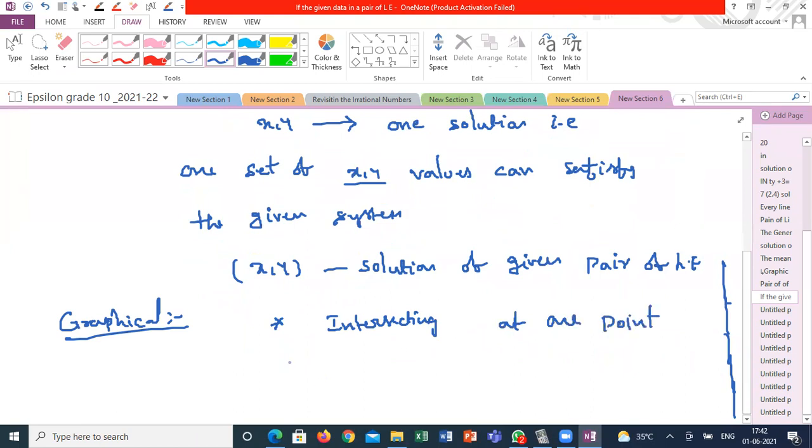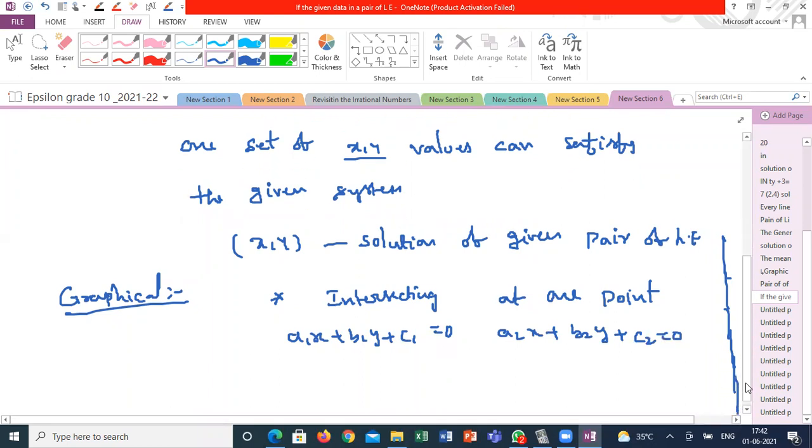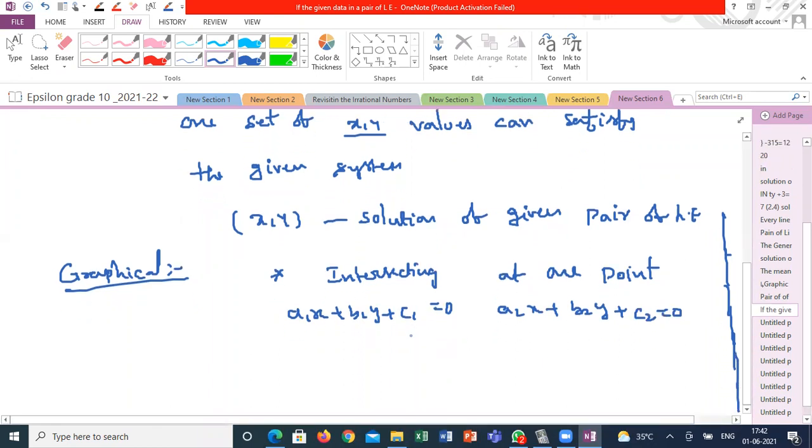They will give two equations like a1x plus b1y plus c1 is equal to 0, a2x plus b2y plus c2 is equal to 0. The method is you have to trace the lines. If the lines are intersecting each other, that is one case out of three cases. The point of intersection is the solution of the given system. Understand, guys, what I am trying to say?